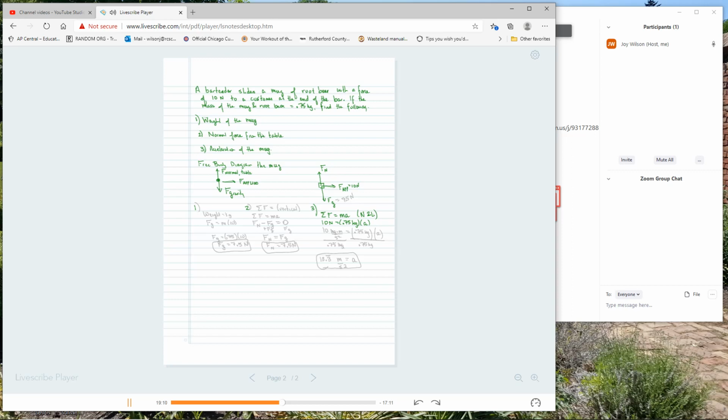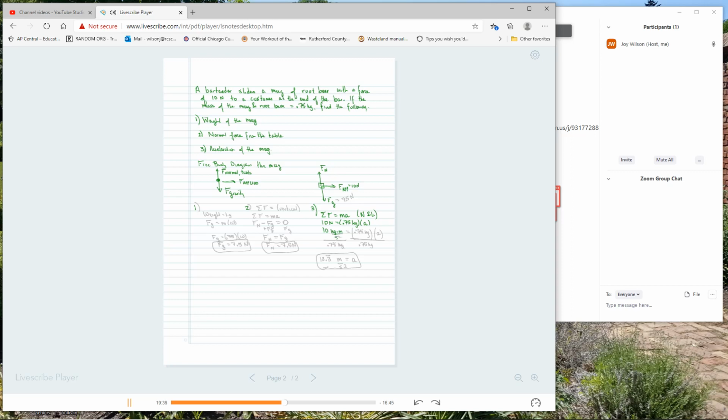That way we only have to write one letter, N. So when it says over here 10N, I could have just as easily written 10 kilogram meters per second squared, and that would be the same thing. Because a Newton and a kilogram meter per second squared, same thing.